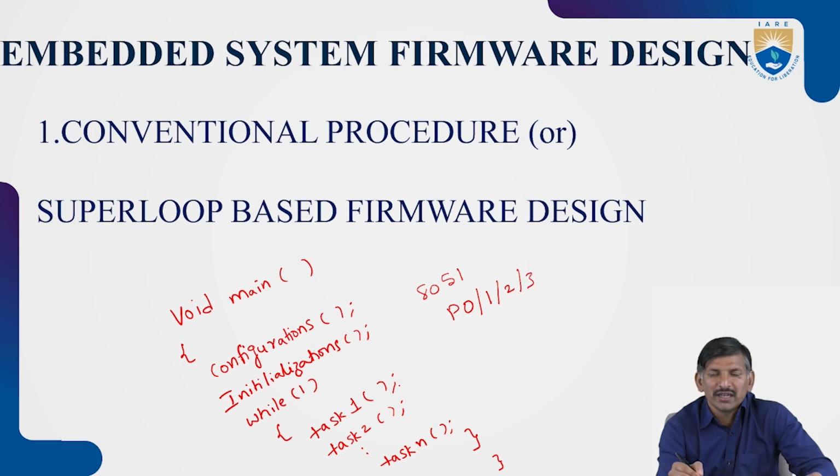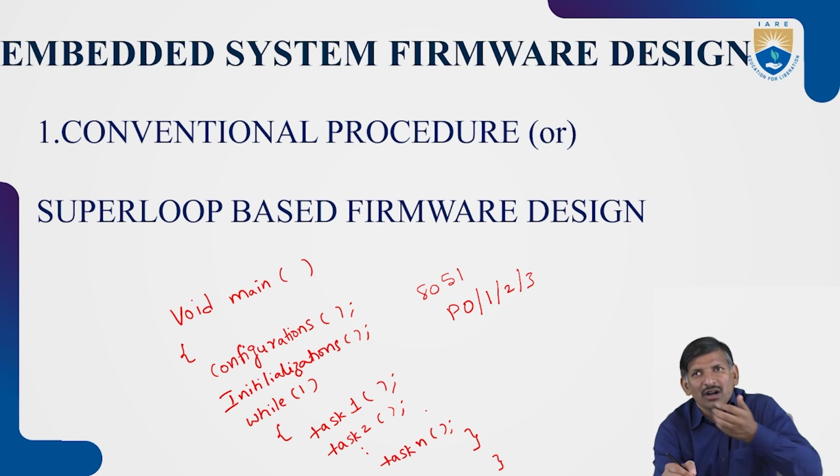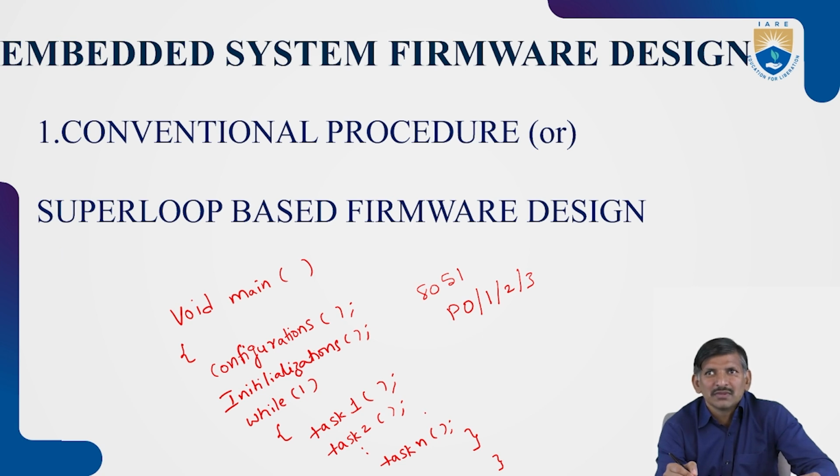Next, I define Task 1: how much time the LED will be in the on condition. Task 2: the delay. Task 3: how much time the LED will be off. Like that I define the tasks, and they will be repeated an infinite number of times.